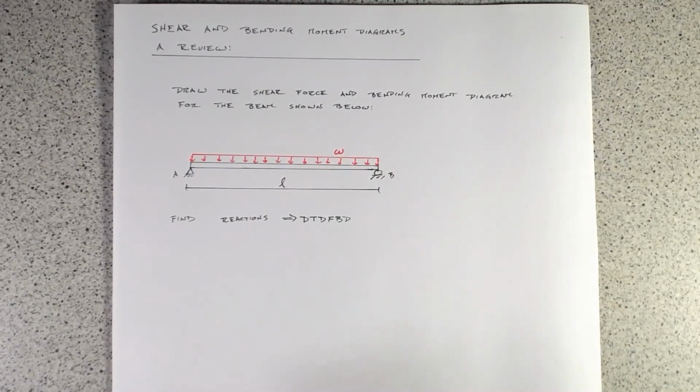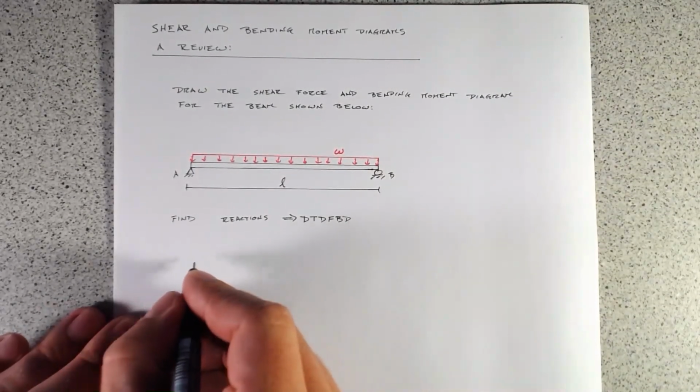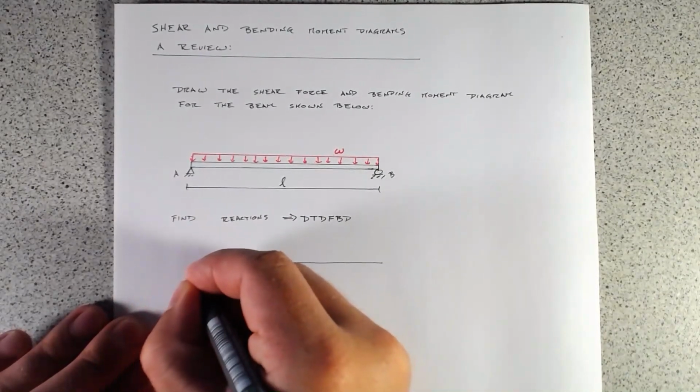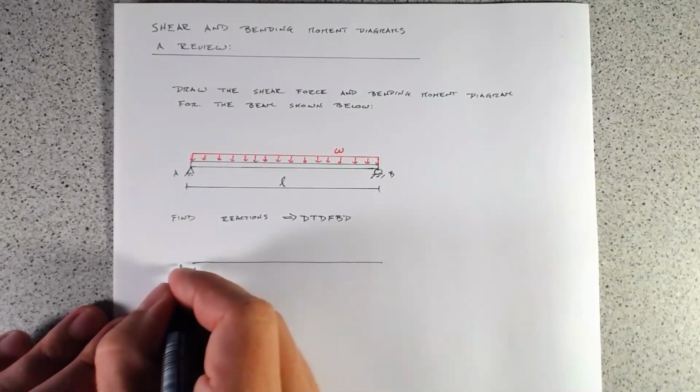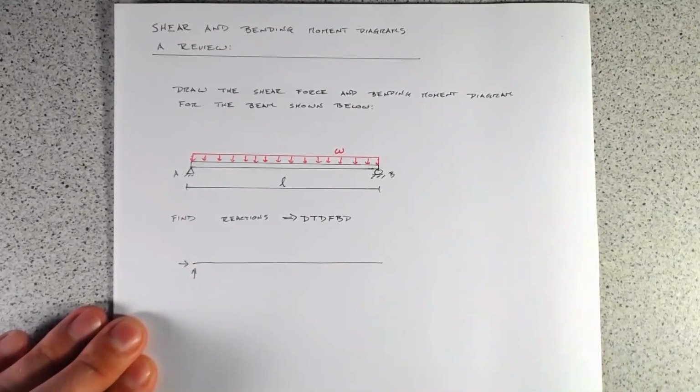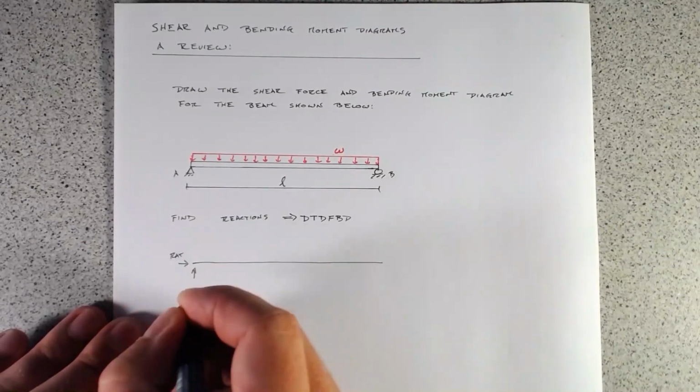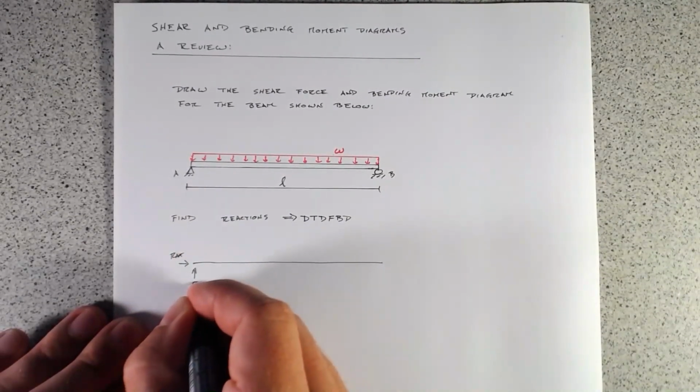So let's do that. So for the free body diagram here, we have our beam. We have our reactions at A, so we've got RAX and RAY.